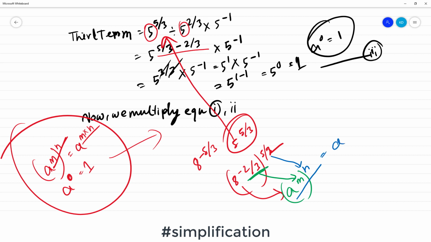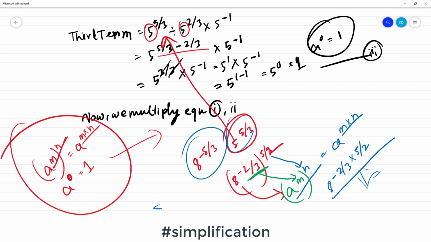The tool is to multiply both of these powers. So here we do the same thing, multiply 5 by 2, simplify, and you will definitely get this answer.